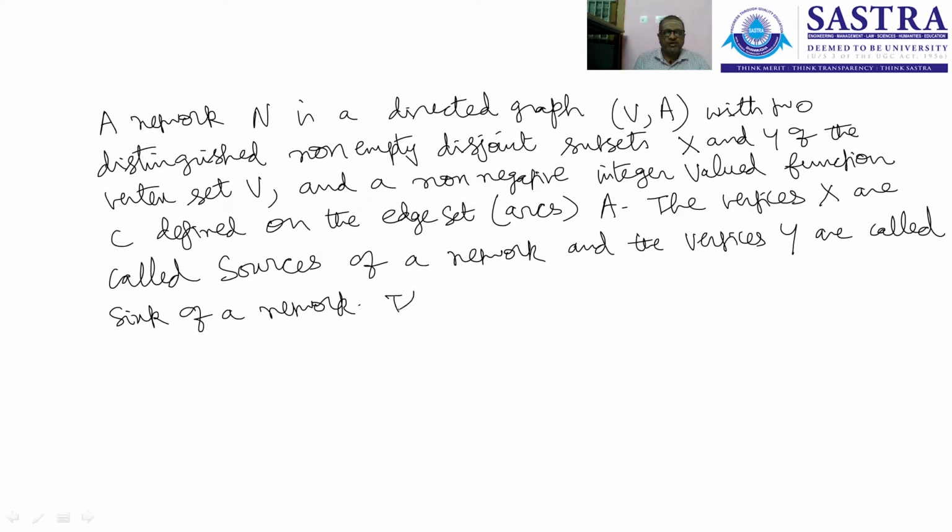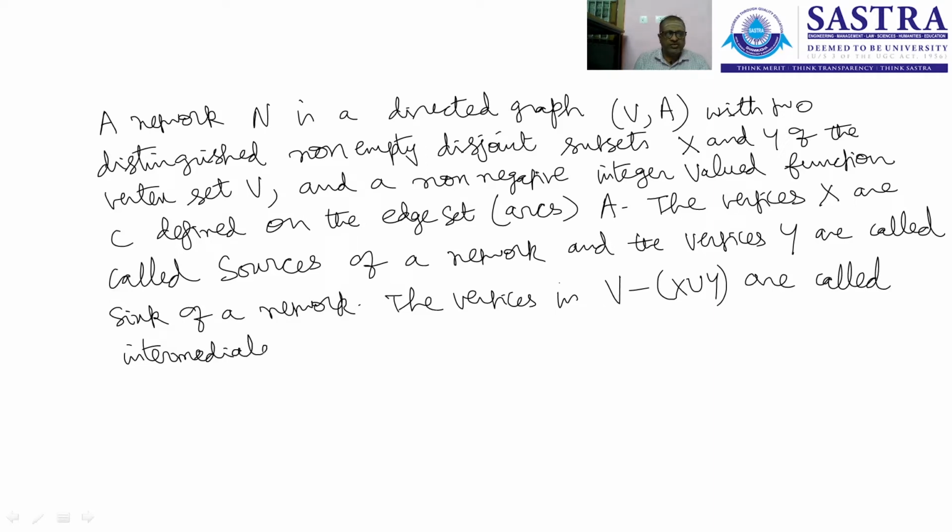The vertices in V minus X union Y are called intermediate vertices of a network.